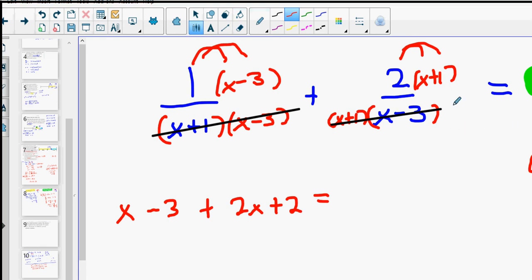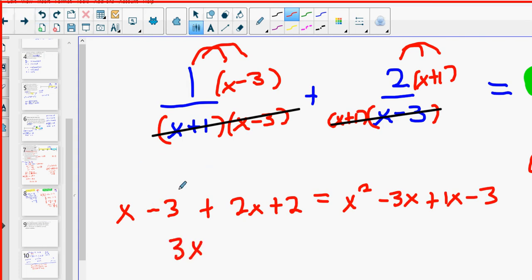x times x. And then x times minus 3 is minus 3x plus 1x minus 3. Where? The x by the minus 3. Okay. Now, we're going to get x plus 2x is 3x, and then minus 1.